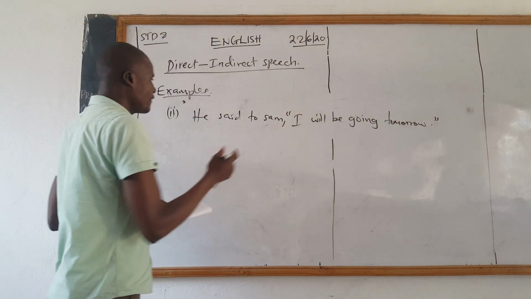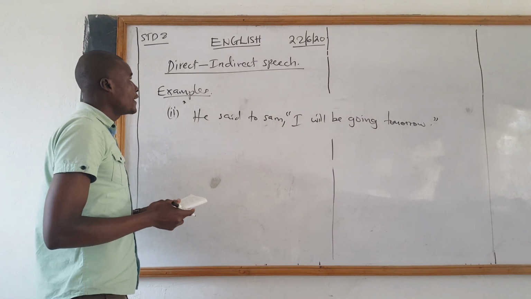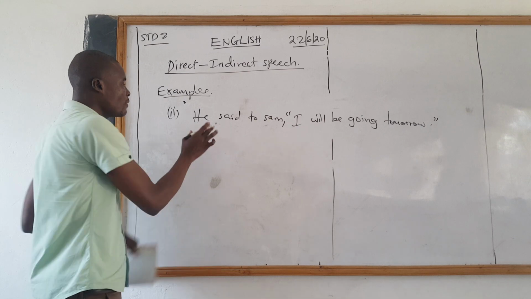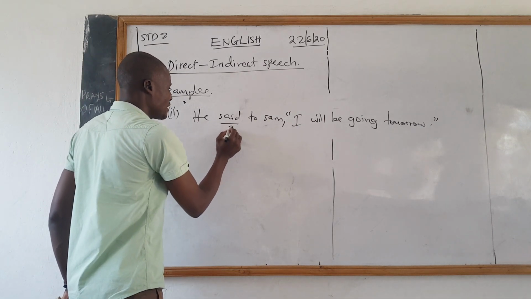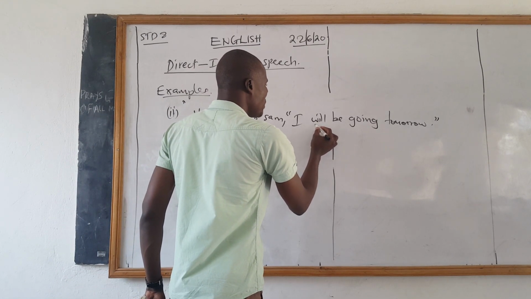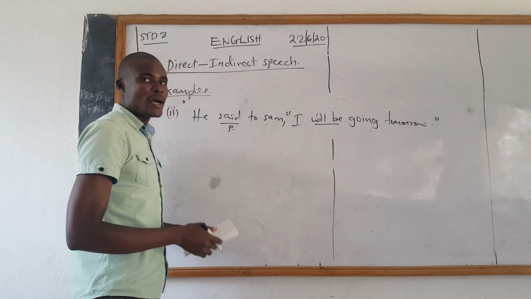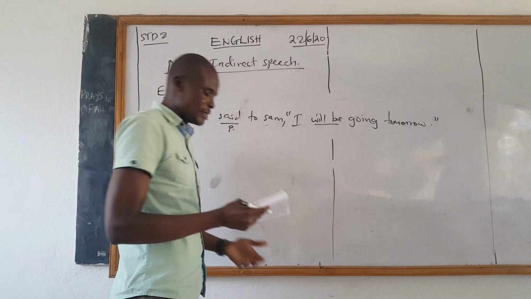So we'll change this, learner, to indirect speech by beginning with looking at the tense first. We are seeing said here, meaning this is past tense. And "I will be going" is in the future. It is something that has not yet taken place, so it is in the future tense.